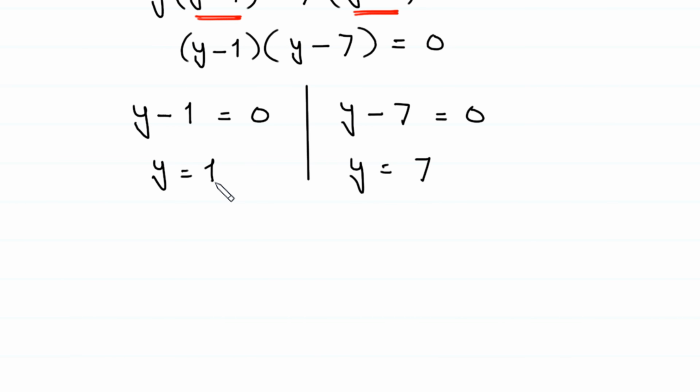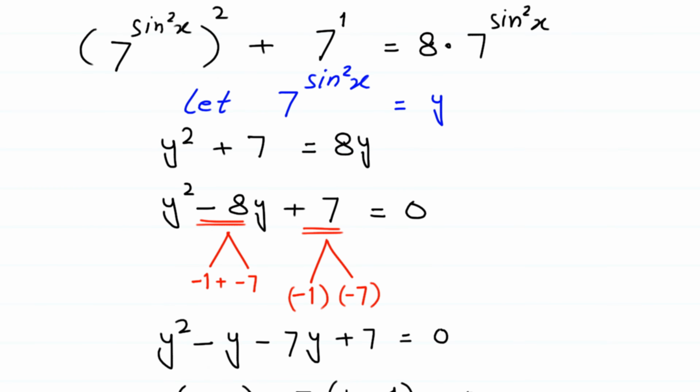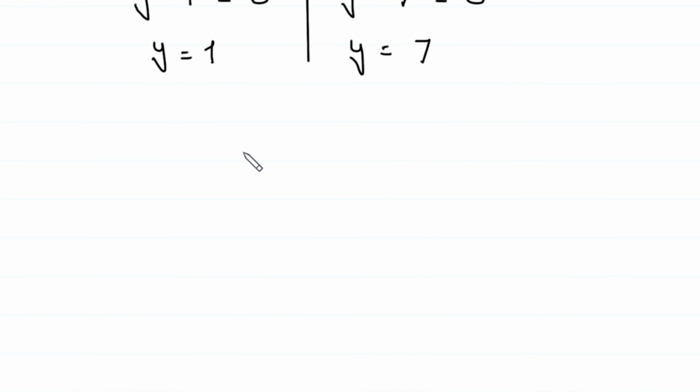Now recall that we have supposed that 7 to the power sine square x is equal to y. In this equation, first we put this value of y, 1. 7 to the power sine square x is equal to 1.